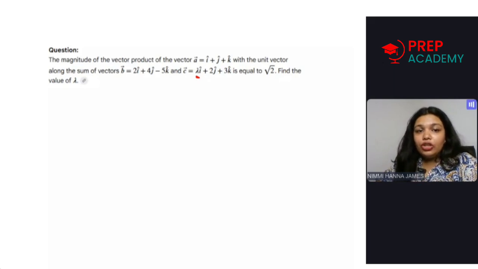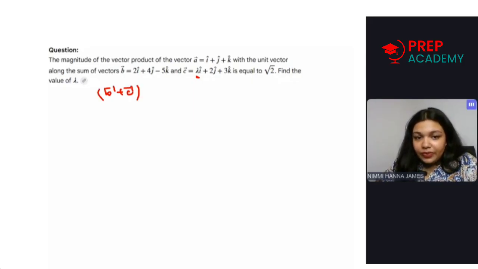So first we want to find the sum of vectors B and C. Then we want to find the unit vector along the sum of B and C. The unit vector along A vector is A vector by modulus of A vector, correct?